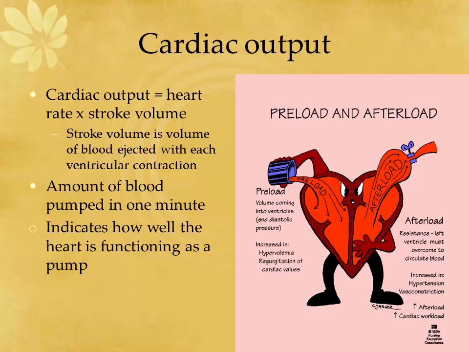Obviously, if the heart meets a lot of resistance trying to pump that blood out, cardiac output is going to fall, and so heart rate is going to go up. If I have too much blood coming in, the heart wants to get that circulated around, and the heart rate may go up. So those are the things that we want to consider with cardiac output.